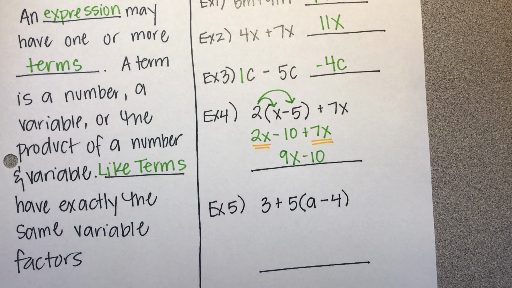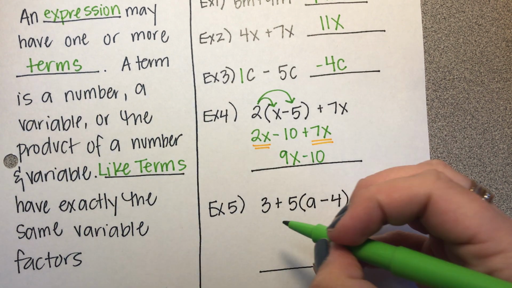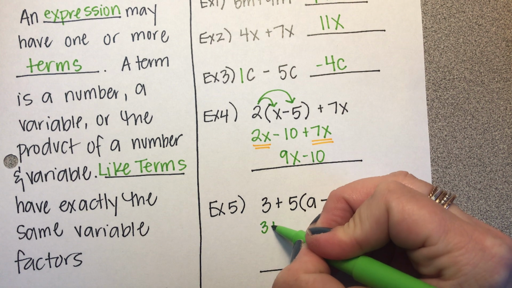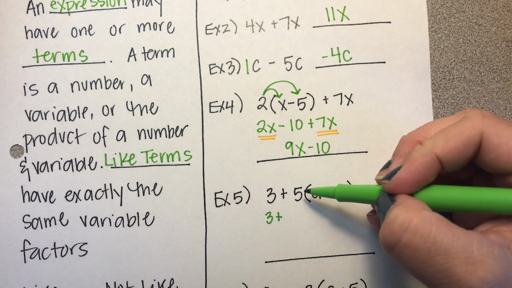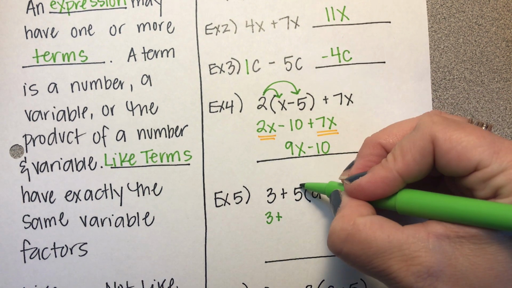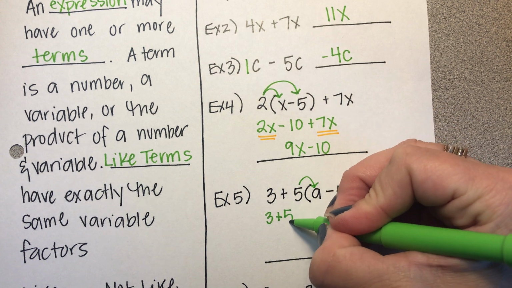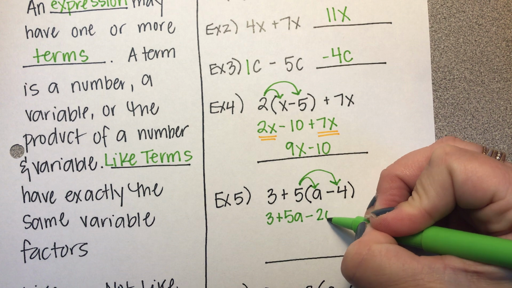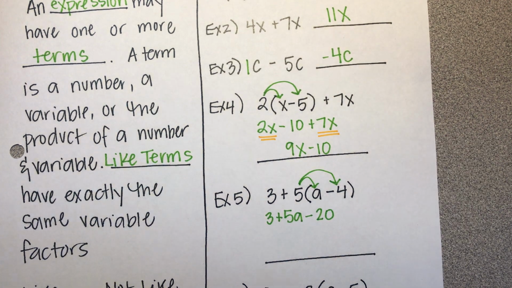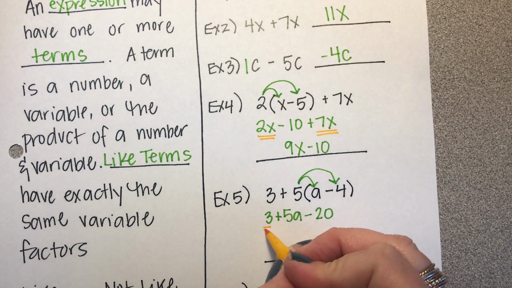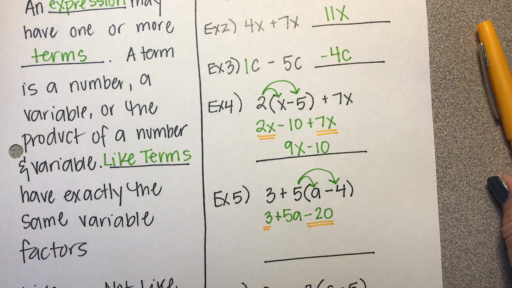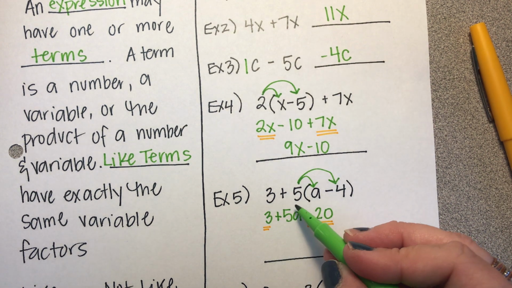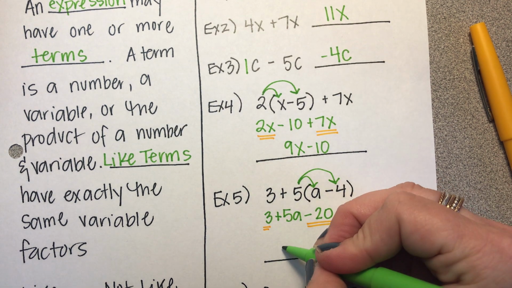2x plus 7x is 9x, and then minus 10. On number 5, I'm going to do that distributive property again first, right? According to PEMDAS, we do multiplication first. So this is multiplication. 5 times a is 5a minus 5 times 4 is 20. So when we're looking for things that we can combine, I can combine 3 minus 20. Are there any other a's that I can combine with this?